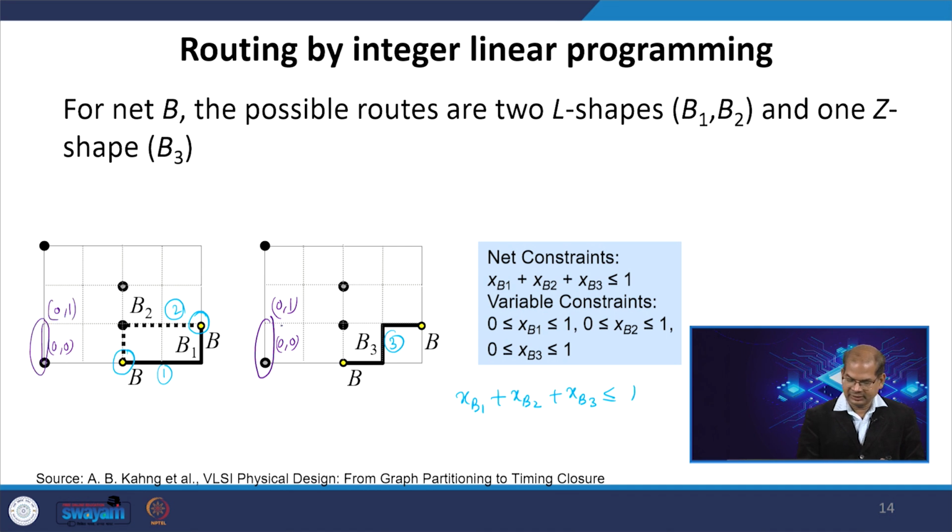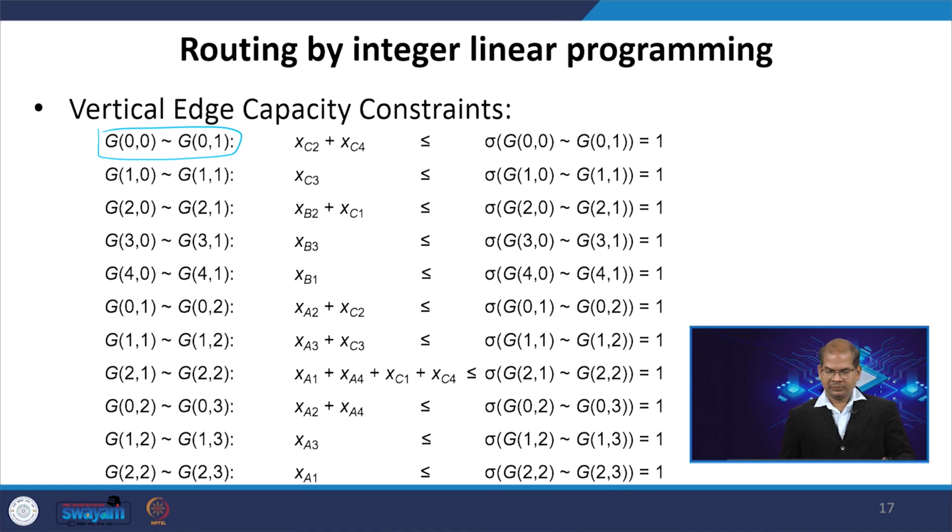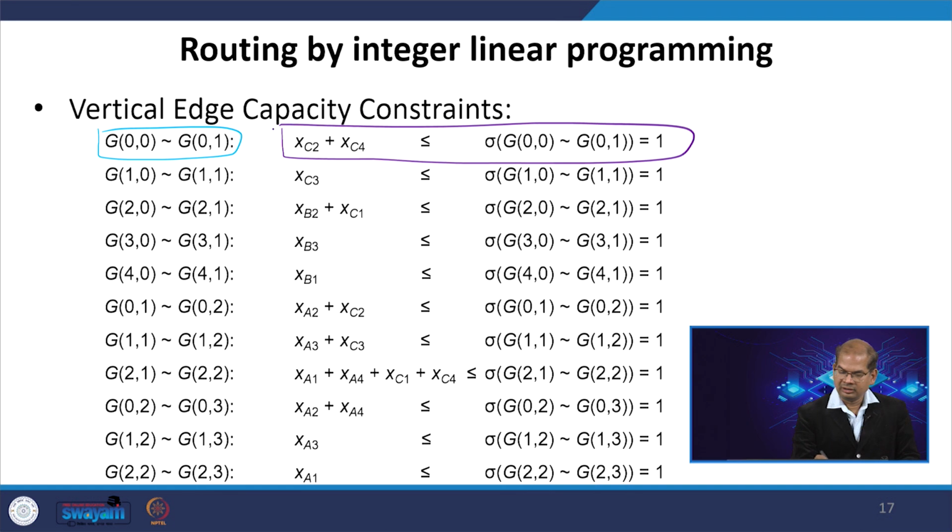But if I go to the C net, I have a constraint. The nets having constraint in this area are xC2 plus xC4, which should be less than or equal to 1.